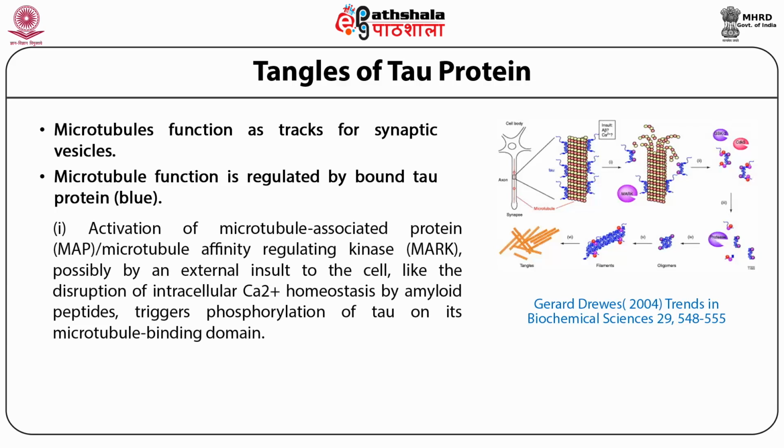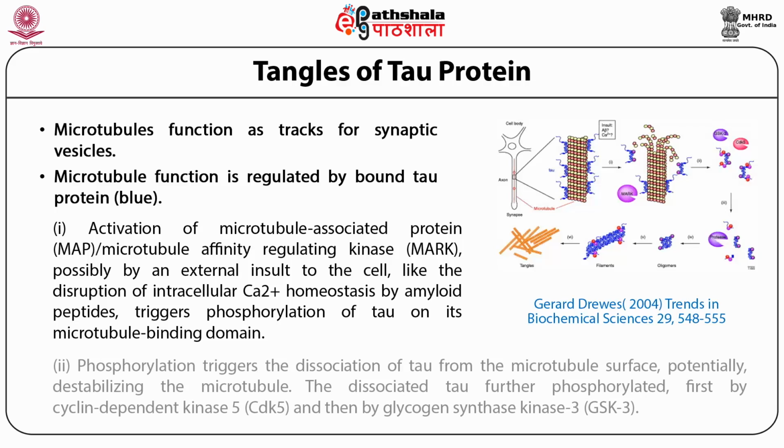Activation of microtubule affinity regulating kinase, possibly by an external insult to the cell, like the disruption of intracellular calcium homeostasis by amyloid peptides, triggers phosphorylation of tau on its microtubule binding domain. The phosphorylation triggers dissociation of tau from the microtubule surface, potentially destabilizing the microtubule.